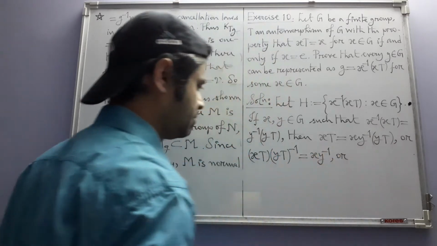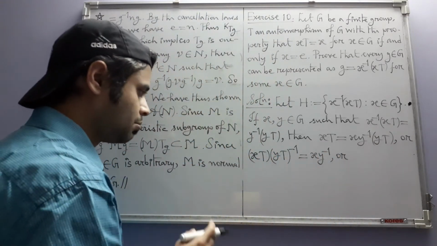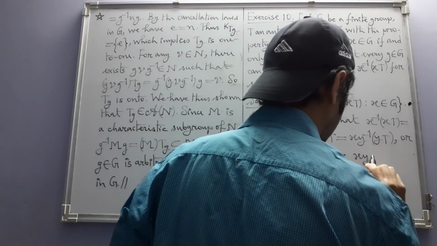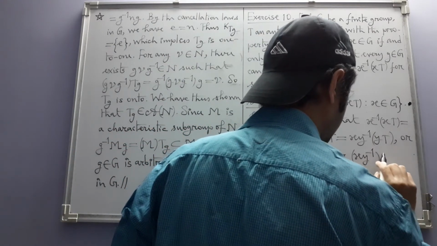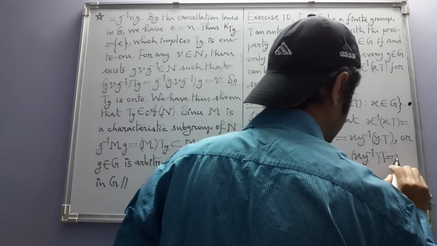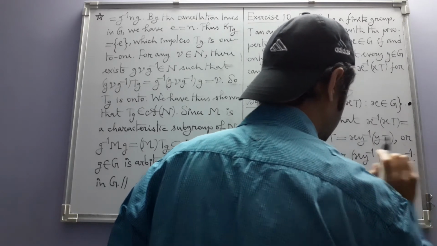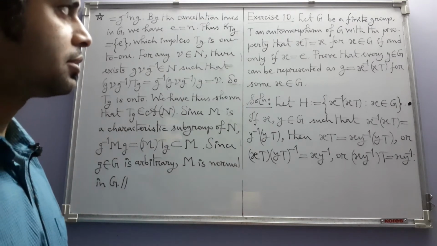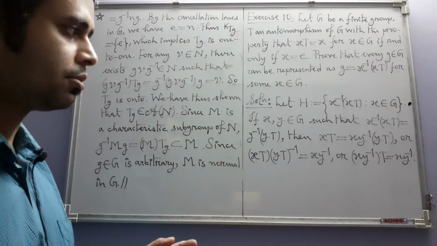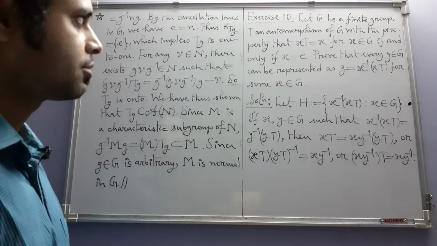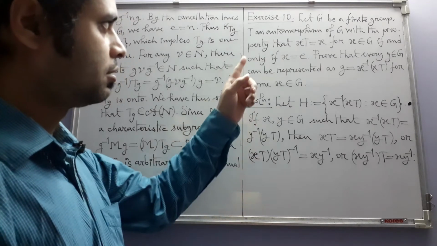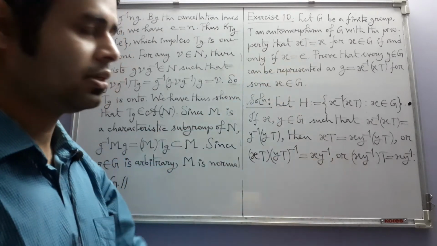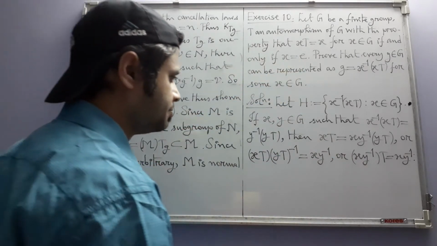Now because T is a homomorphism, this left hand side is nothing but (x y inverse)T, and the right hand side of course is x y inverse. So that means x y inverse is a group element which is not changed by T, but according to our hypothesis the only such element is the identity, so x y inverse must be the identity.